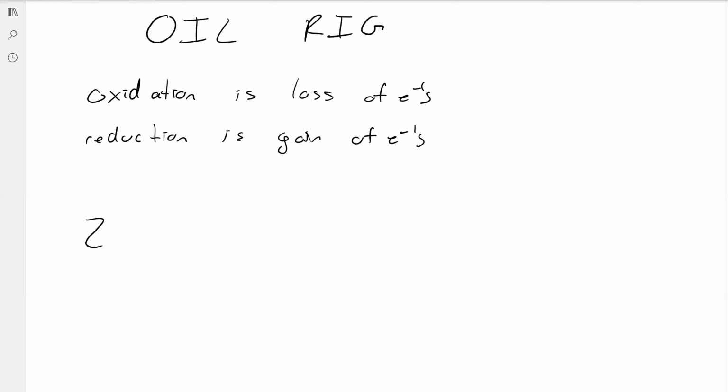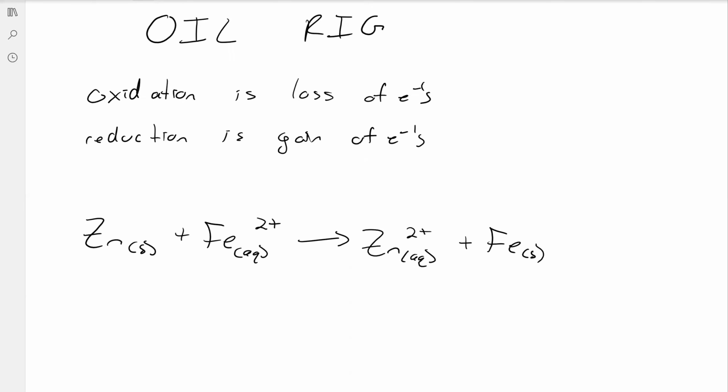Let's take a look at this. We're going to have some zinc solid plus some iron in solution with a 2+ charge, and we saw this in lab, or at least we're supposed to see it. And then zinc 2+ in solution, and then iron coming out as solid.